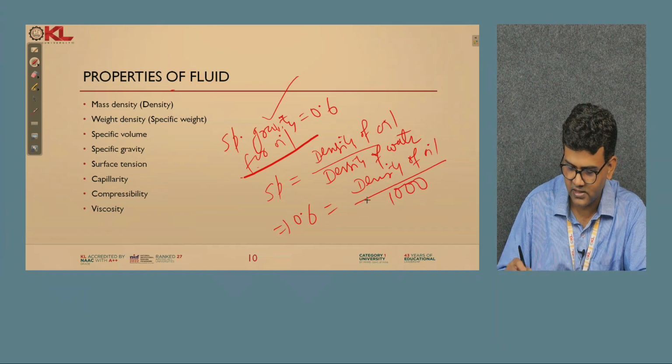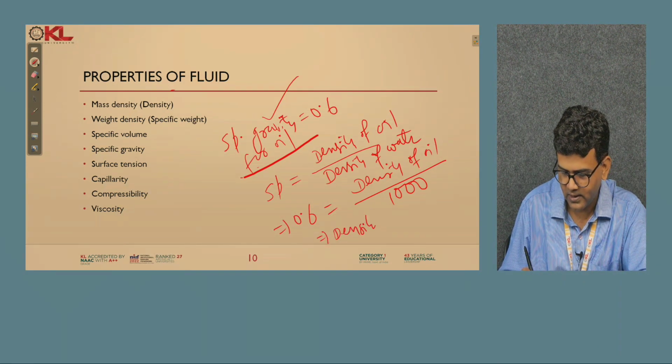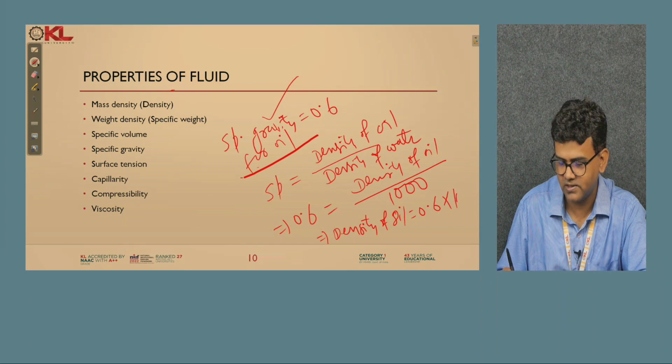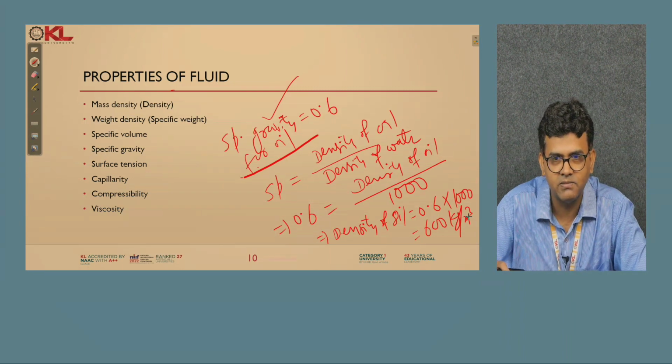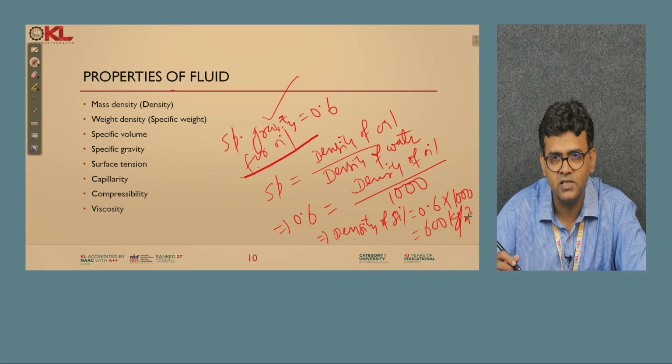So you are getting the density of the oil, that is 0.6 into 1000, that is 600 kg per meter cube.